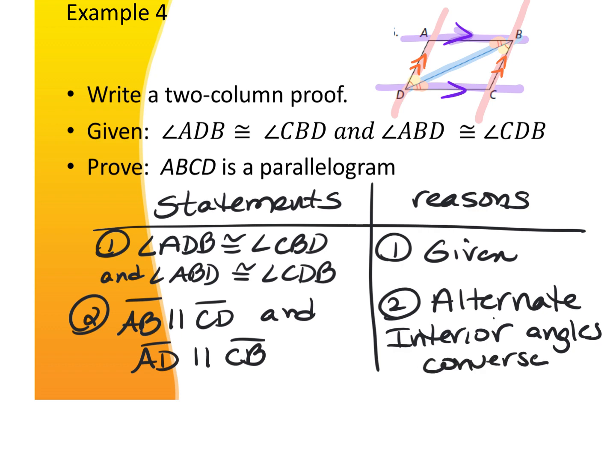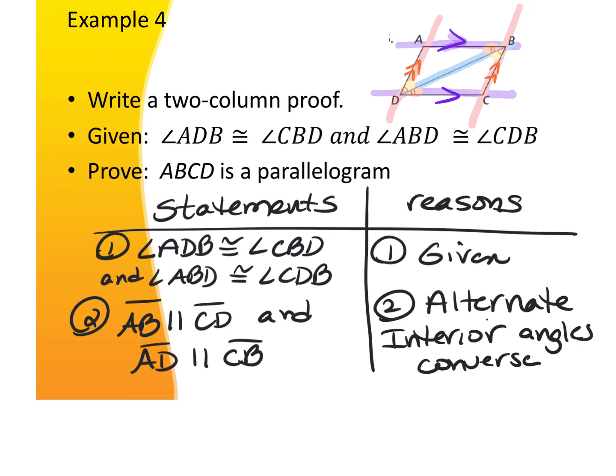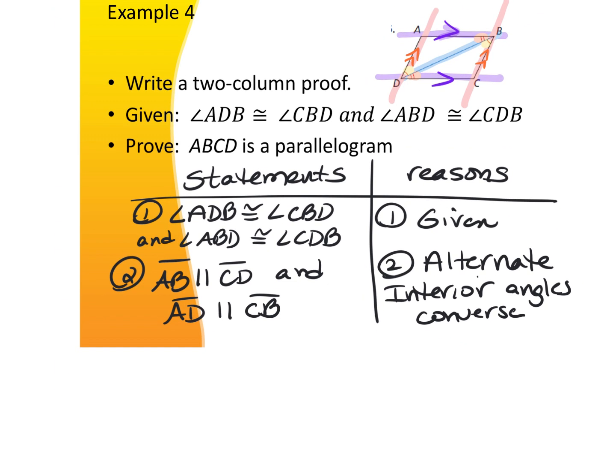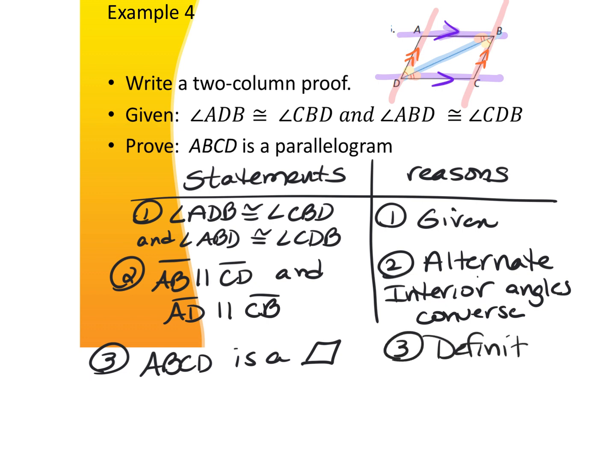And now, because I have two pairs of parallel sides, I can state that this is a parallelogram by using the definition. So that will be my last statement, that ABCD is a parallelogram, and my reason is the definition of a parallelogram. So the proofs are going to be super easy as long as you know these theorems and remember some of your prior knowledge.